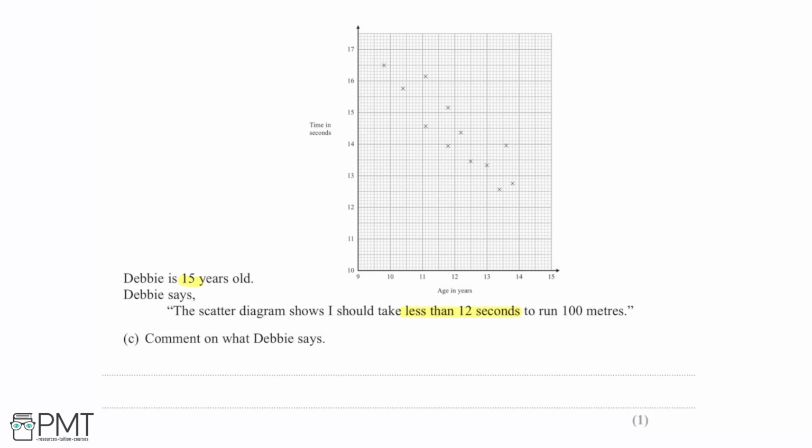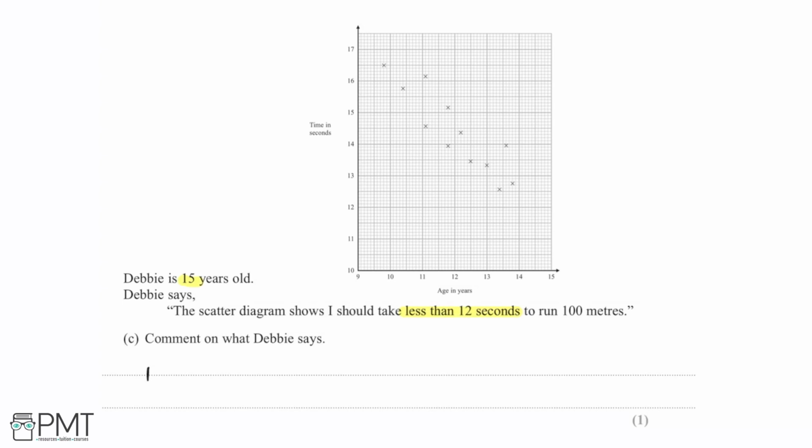So we're extrapolating the data and going beyond the points which are shown on the graph. So it can't be said that the results are reliable beyond this point. The point at which somebody is 15 is going to be outside of the range of the scatter diagram. So we can't really use it to predict how long it should take a 15-year-old, we can't be sure that this trend is going to carry on in the same way that it already has been.